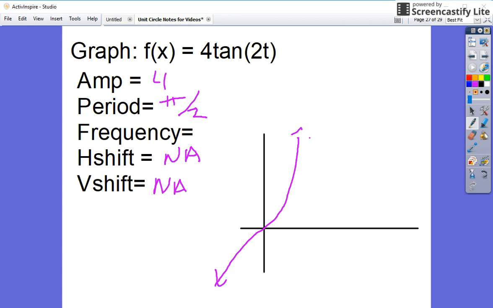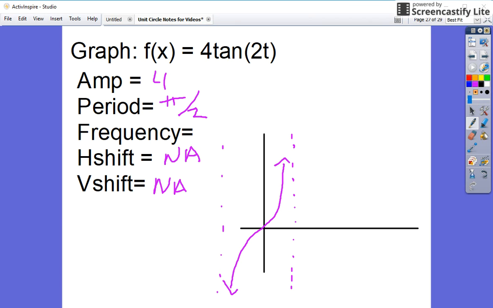Now, I ran you through that because I want you to see why it looks like this and why it goes through the origin. I can draw that a little bit nicer, I think. Let me try that again. Okay. There we go. It looks a little bit like the cubic function in its basic shape. The big difference here, and there's a huge difference, is that there's an asymptote right here, and another one right here.